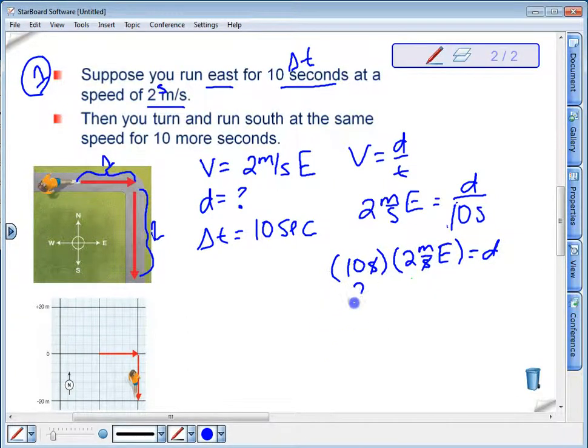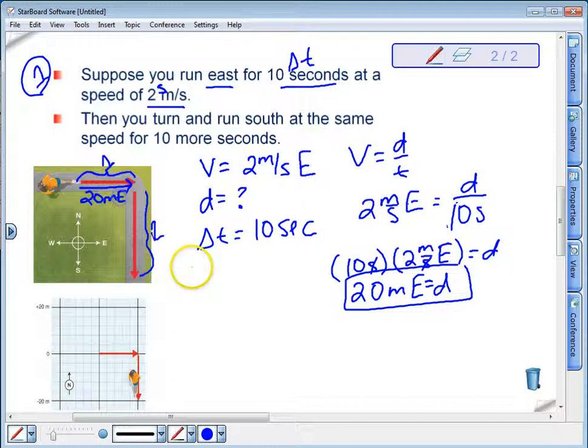Seconds cancel and I get 20 meters east is my displacement. So on this first leg of my journey, I went 20 meters east.